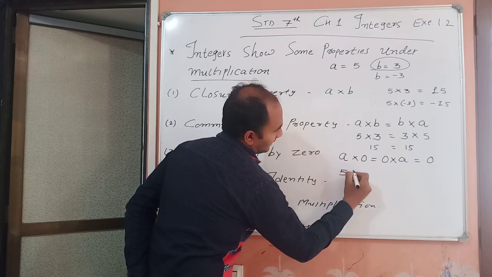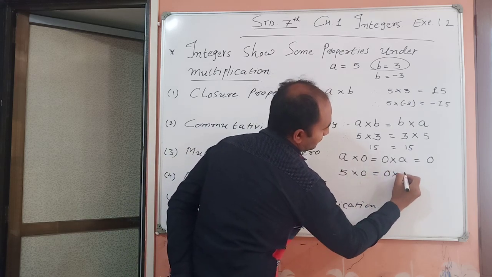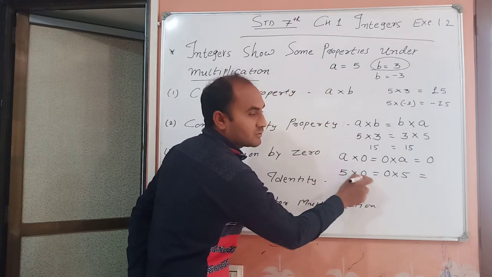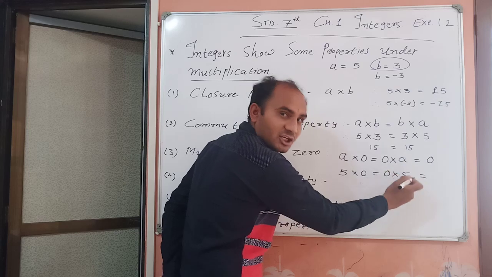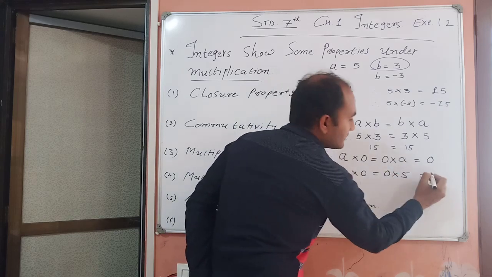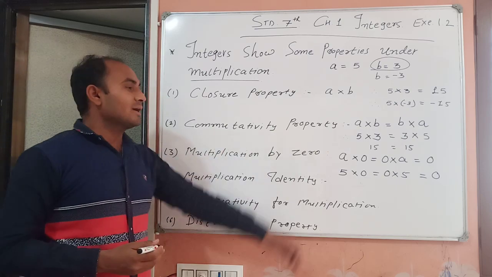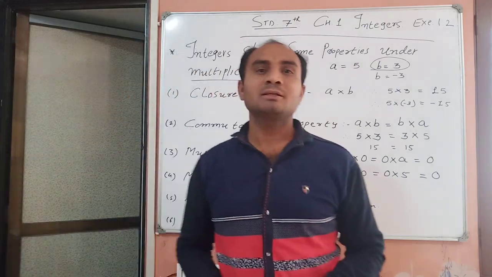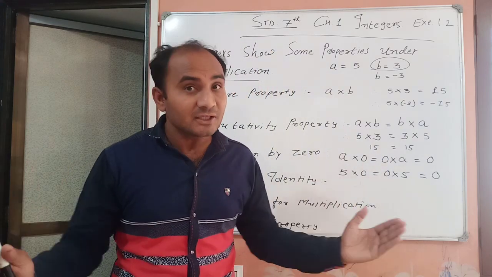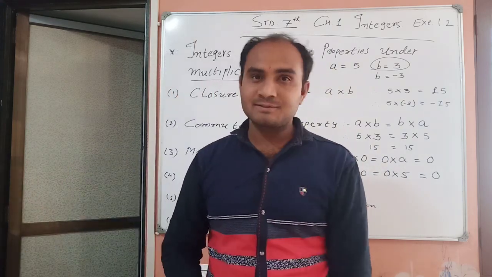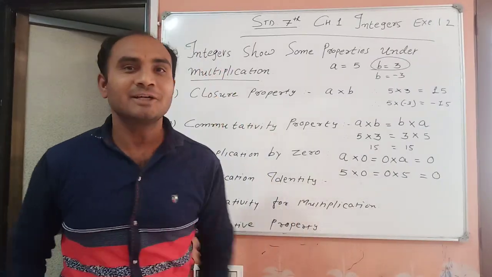So 5 into 0 is equal to 0 into 5. 5 into 0, the answer is 0, and 0 into 5 is equal to 0. So in multiplication by 0, any integer we multiply by 0, we will always get the answer 0. So it is the third property.